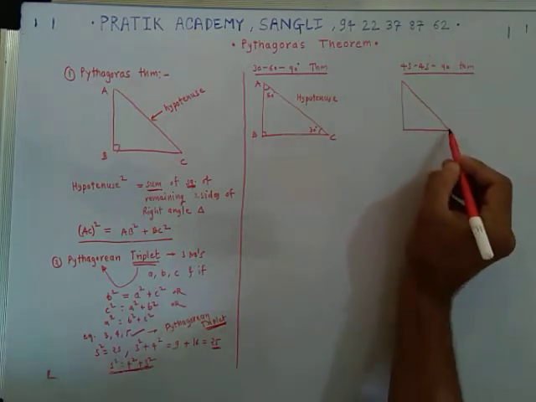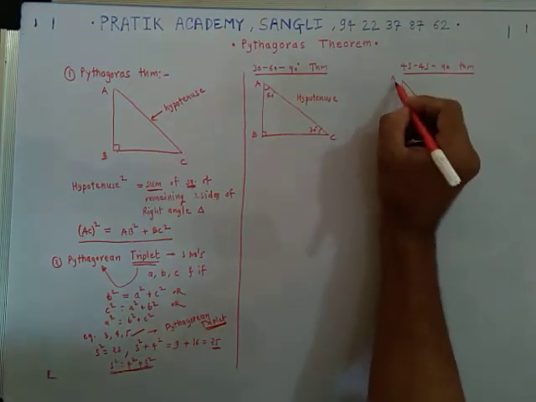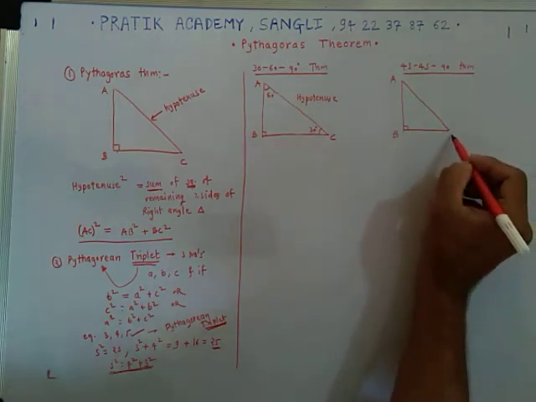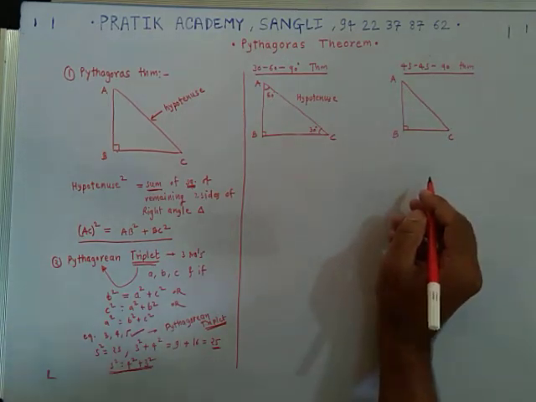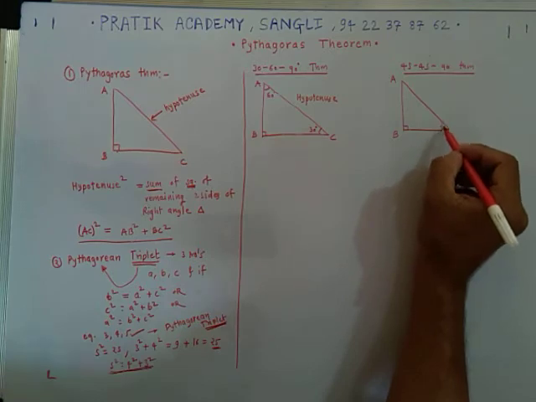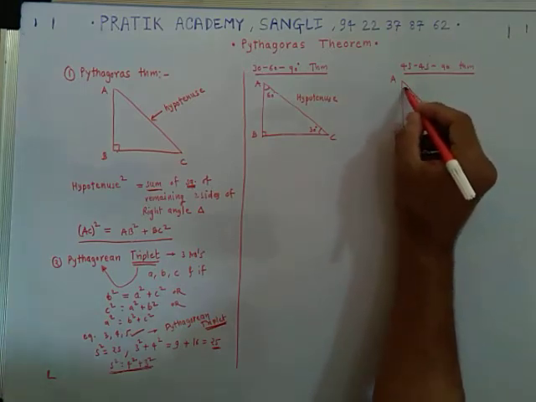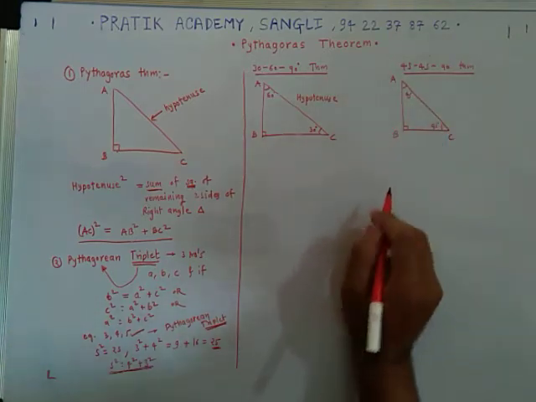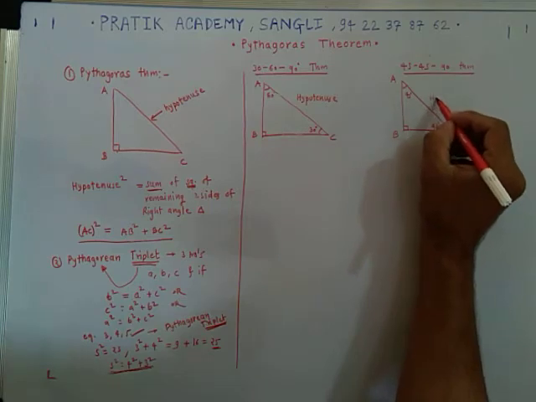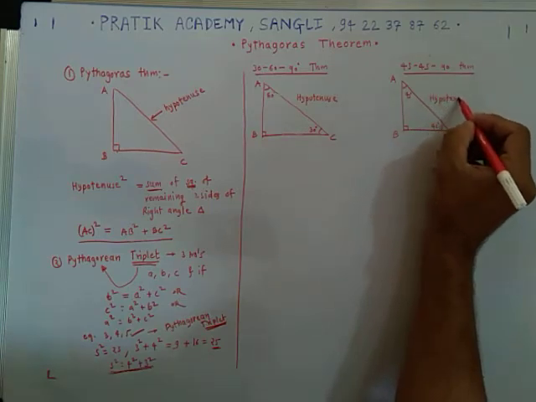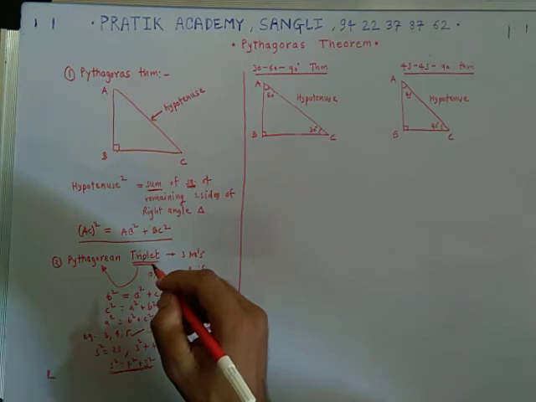Or when it is 45 45 90, then ABC, and if this is 45 degree, then this is also 45 degree. This is the hypotenuse.